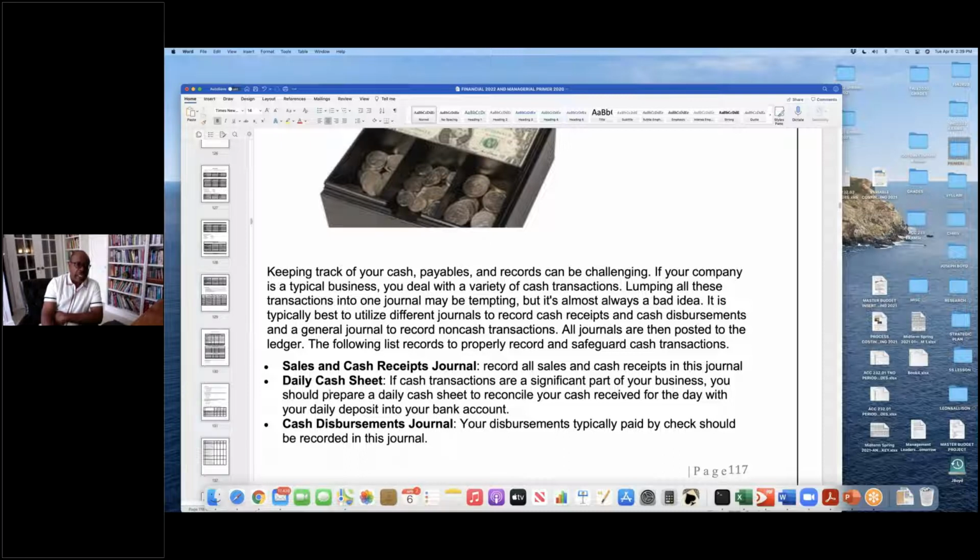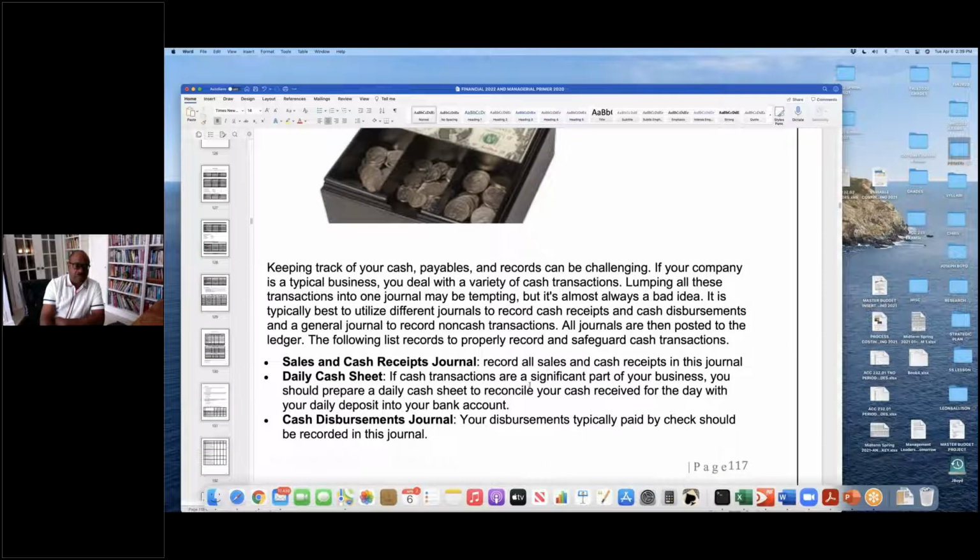They've got a daily cash sheet that shows the cash that came in, the cash that went out, and the balance. They have to have that balance in their cash drawer, or if you're a cashier, you have to have that balance in your cash register. And so that's why cash registers are locked, because the person operating that register is responsible for it.